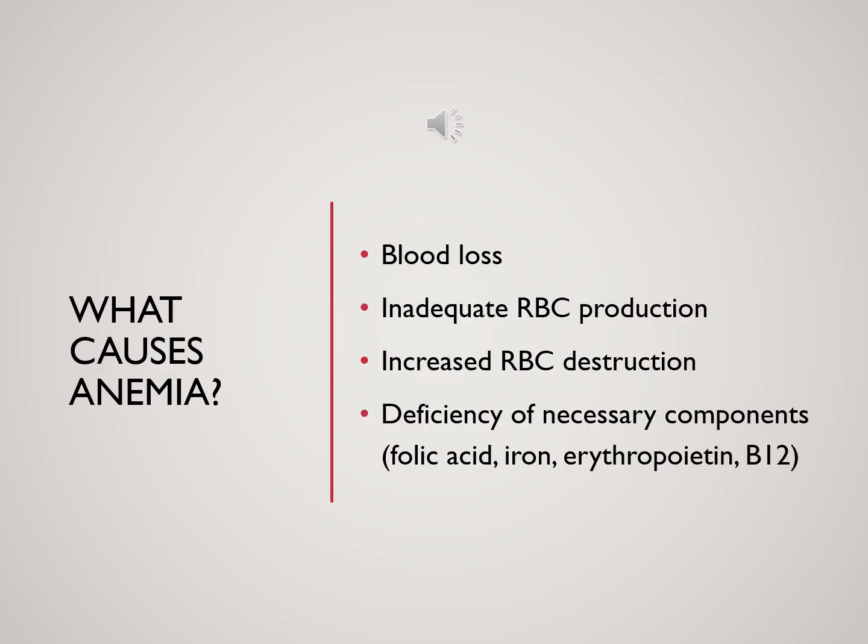So what causes anemia? So there are many causes. The big ones we see: blood loss, inadequate red blood cell production, increased red blood cell destruction, or some sort of deficiency of necessary components, meaning that you have a nutritional deficiency like iron, folic acid, erythropoietin, which is produced in the kidneys, and B12.